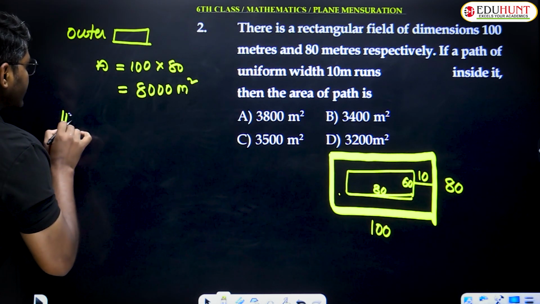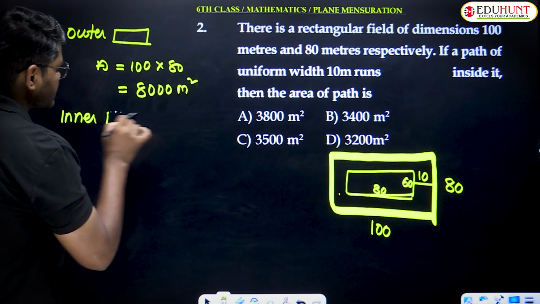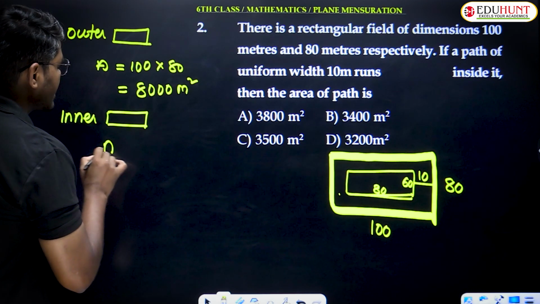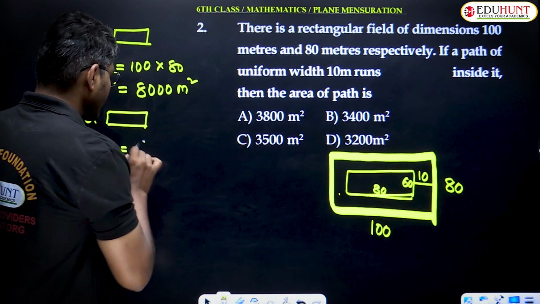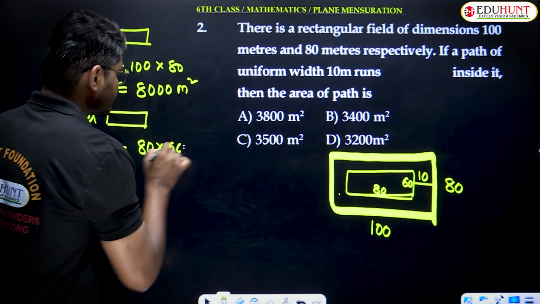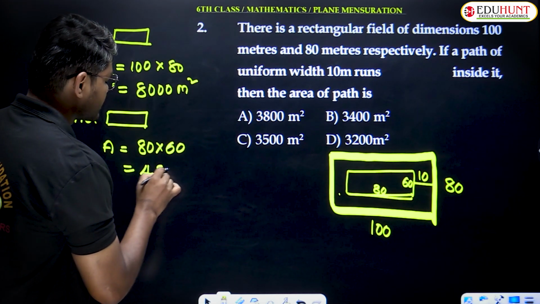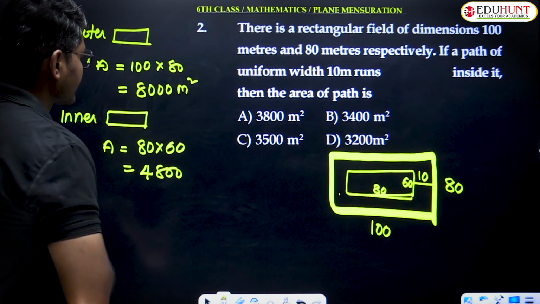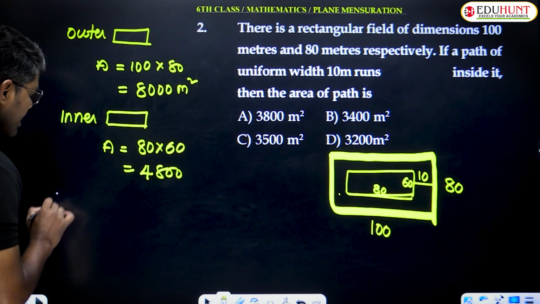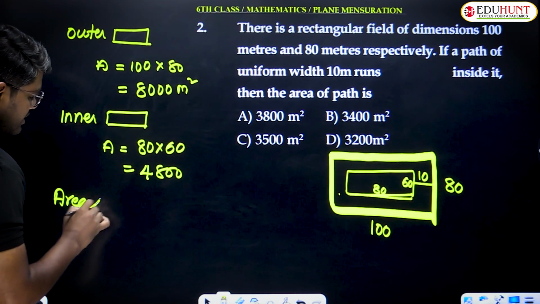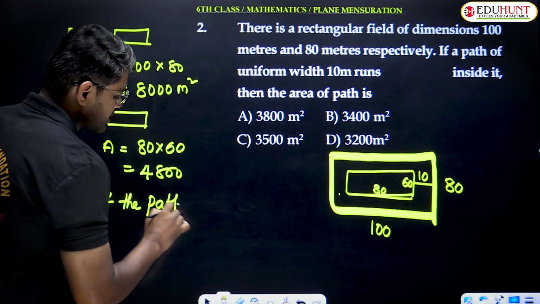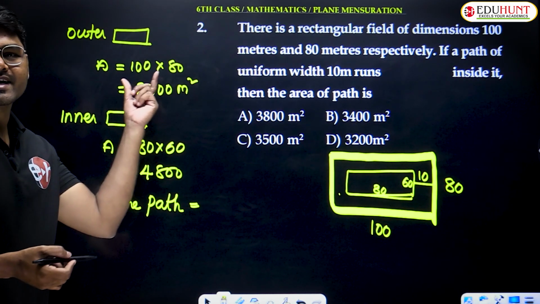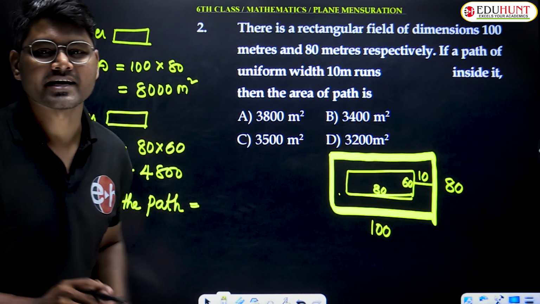Now the inner rectangle area is equivalent to 80 into 60, that is 4800. Okay, right. Now the area of the path is equivalent to outer rectangle area minus inner rectangle area.